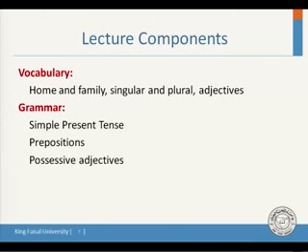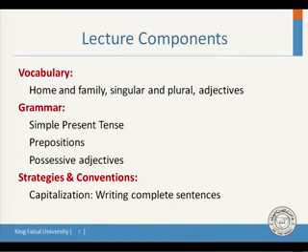The grammar component consists of simple present tense, prepositions, and possessive adjectives. Strategies and conventions. We have capitalization. We're going to capitalize complete sentences.